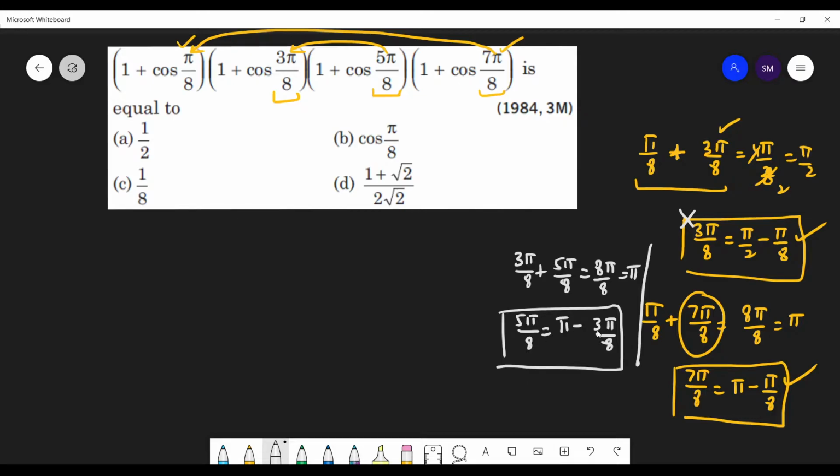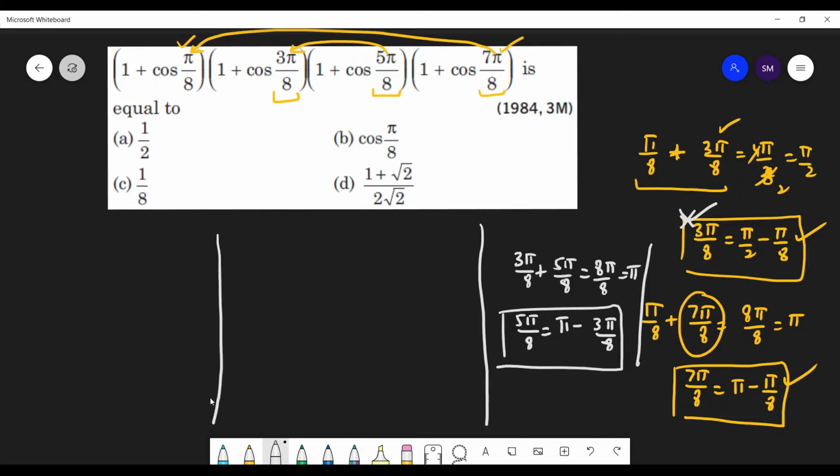So I can write 5 pi by 8 as pi minus 3 pi by 8, and 3 pi by 8, if I want, I can write as pi by 2 minus pi by 8. So we can write all of them as pi by 8 also. That's also a good thing. Otherwise you have two terms of 3 pi by 8 and two of pi by 8. That is also fine.